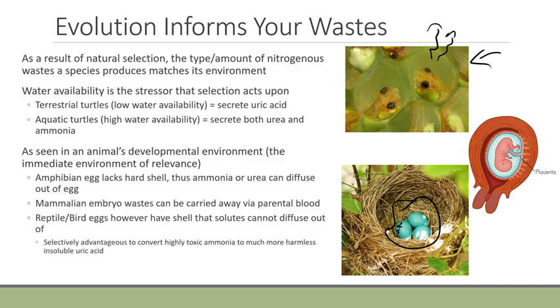That placenta is connected to arteries and veins. The wastes that are getting built up as the fetus or embryo is developing can just get carried out by the parental bloodstream and then excreted by the parent itself. Basically, the pregnant individual does the peeing for the fetus.